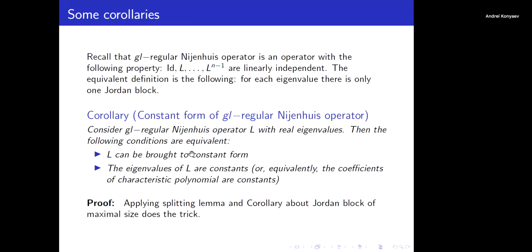If you have a GL regular operator with real eigenvalues, then applying the first splitting theorem and then applying the corollary for the Jordan block, you get that this operator can be brought to constant form. So if a GL regular operator has real eigenvalues and its eigenvalues are constant, which is equivalent to the fact that the coefficients of the characteristic polynomial are constant, then it is constant in some coordinates, which is a good example.